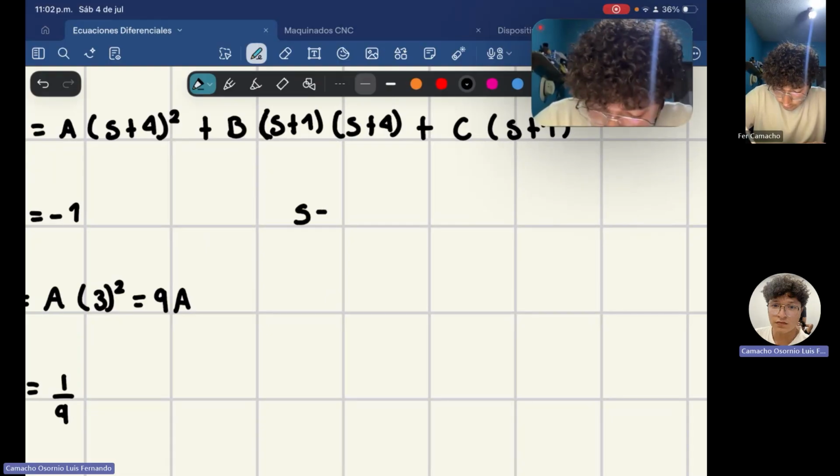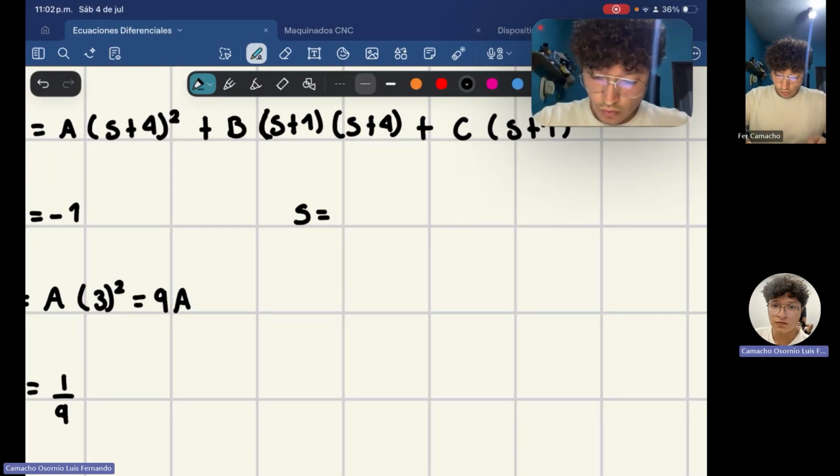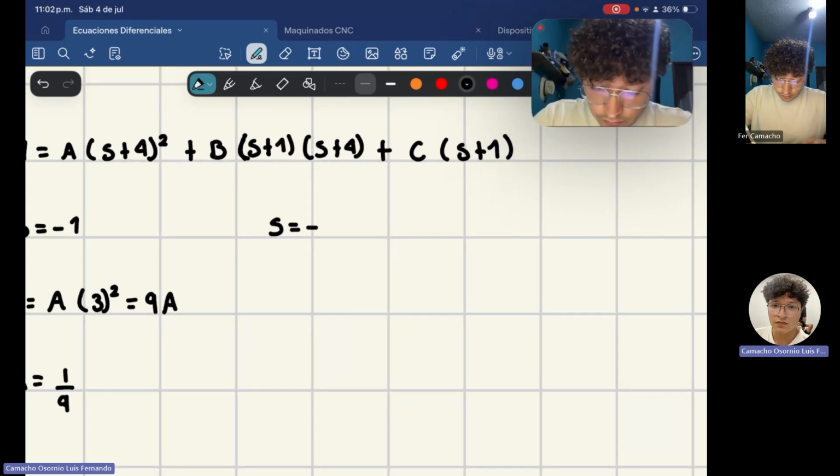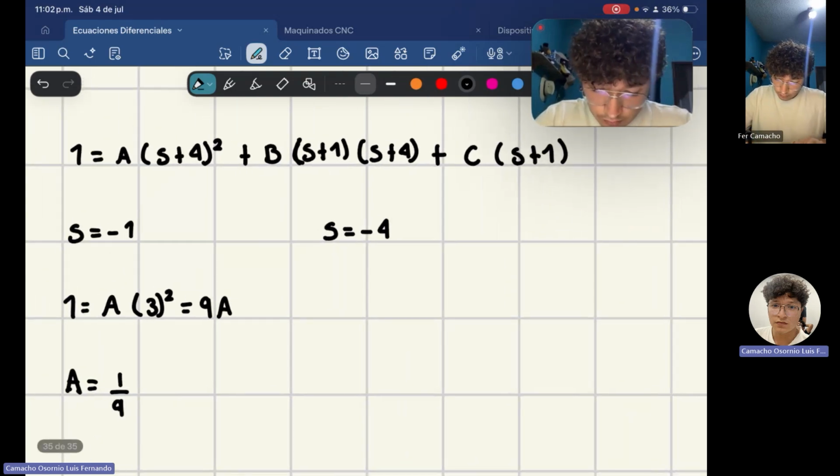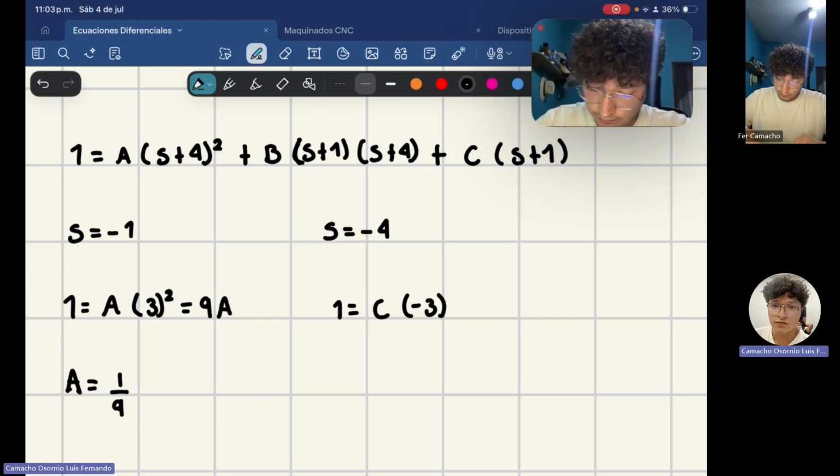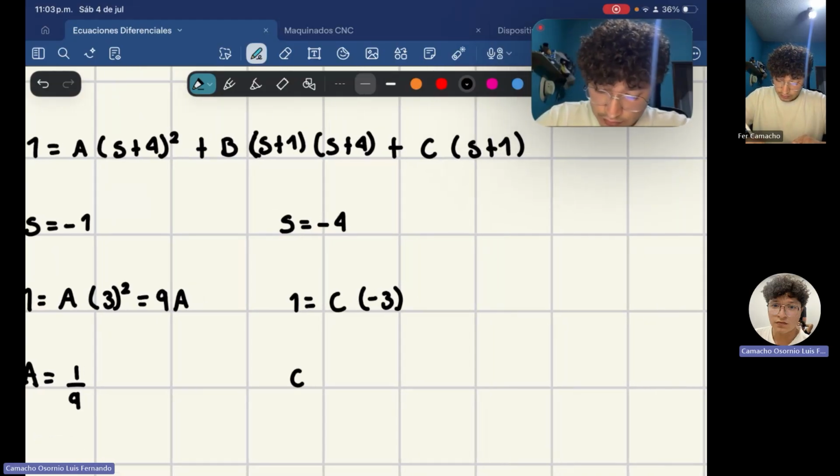And another value is s equal to minus 4. We eliminate all the values except for C. So 1 is equal to C times minus 3. So C is 1 over minus 3.